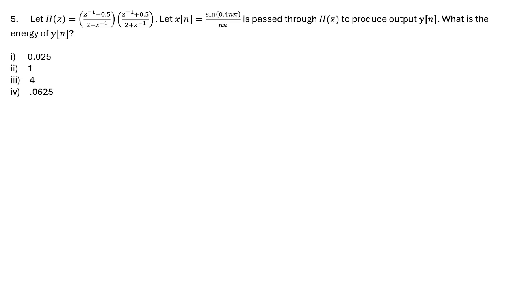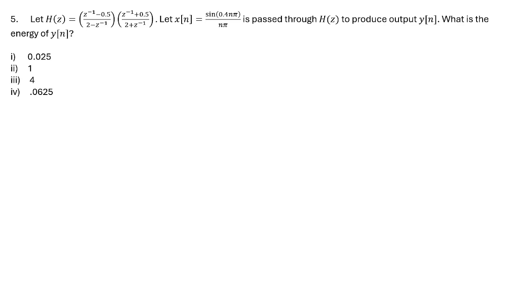So your x[n] is passed through this discrete LTI system to produce output y[n], and we are going to use the Parseval energy theorem here. What the Parseval energy theorem says, except of course the mathematical formulation, is that the energy of a signal in time domain is equal to the energy of the signal in frequency domain.